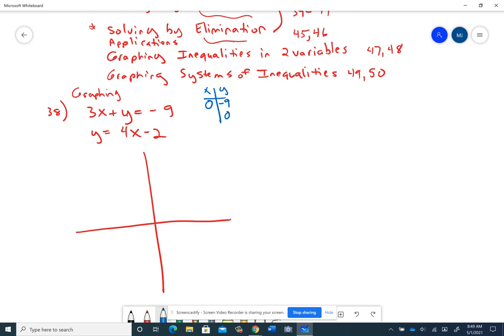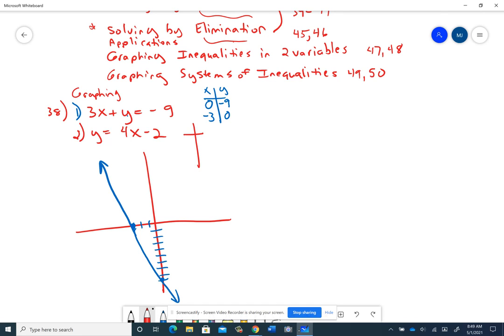If I put a 0 in for y, x would be -3. So -3, 0 and 0, -9. My line would be right here. Okay, that's line 1. Line 2 I'll do in red.